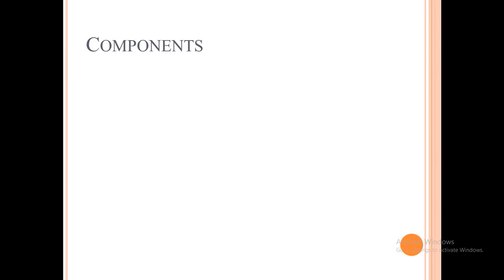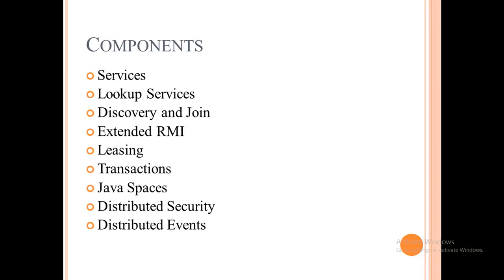Then the components of Jini. What are the components that make up the Jini system? The first component is the services. What is a service? A service is any kind of process or technology that Jini gives to the clients.